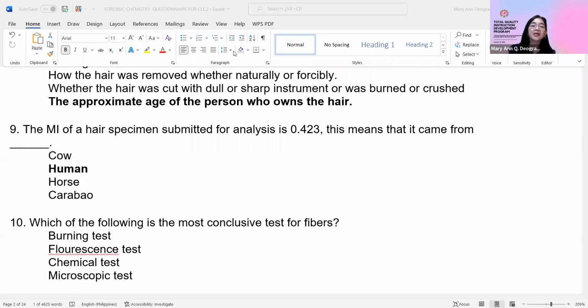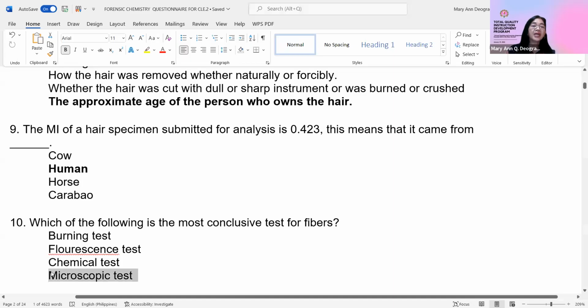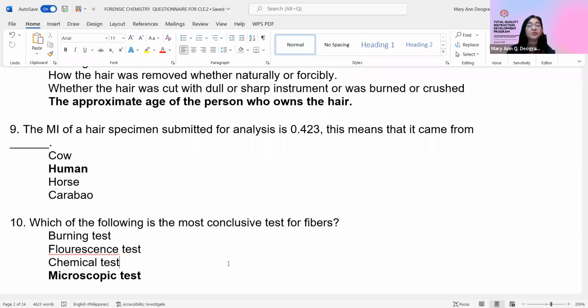In microscopic examination, we can identify the detailed features of each kind of fiber. Yung burning test, that is to determine the general classification of fiber. So it determines whether it's vegetable, animal, or mineral.